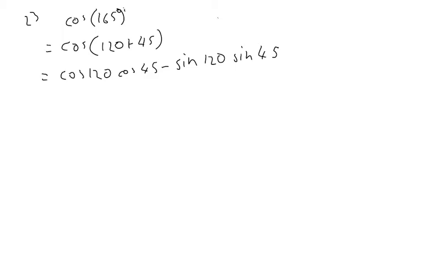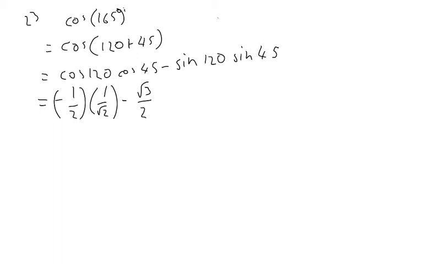Also, where I get this addition formula from, if you haven't seen it, is from a video I've done previously that shows the addition formula. So we'd go through and solve that. Cos 120 is minus a half. Cos 45 is 1 on root 2. So that's minus sin 120, which is root 3 over 2.